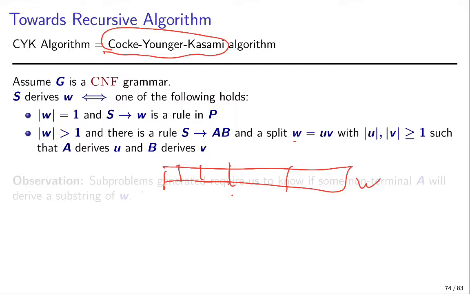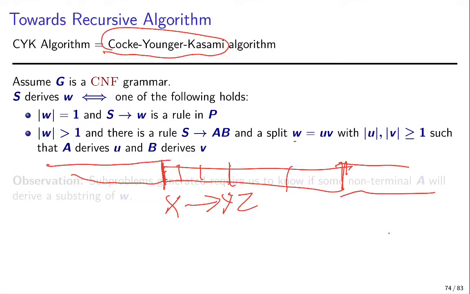Now, of course, the critical thing is that our rules are of the form X derives YZ, right? So if I have a string like that, this is some substring of W, right? We are looking at a substring of W, and we have X derives YZ.